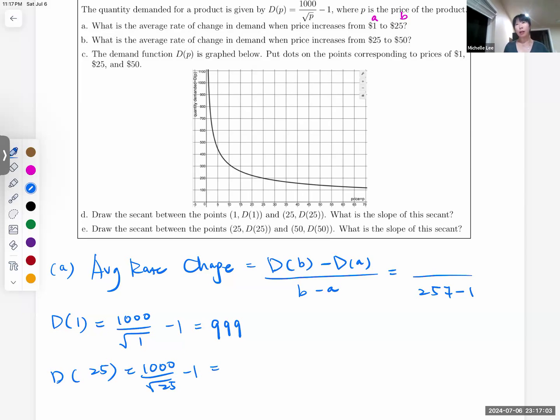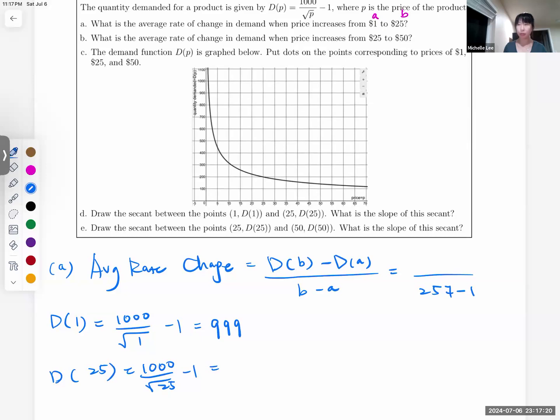So it's 5 divided by that, 200 minus 1, so we have 199.